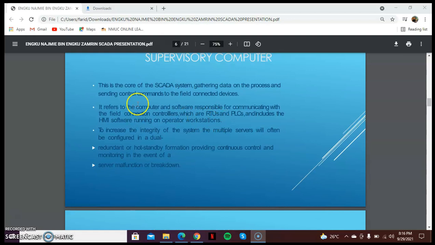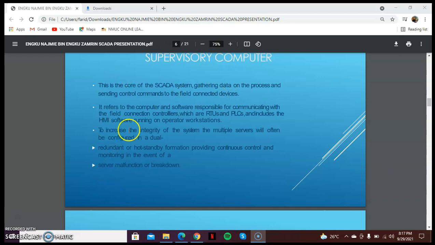Secondly, it refers to the computer and software responsible for communicating with the field connection controllers, which are RTUs and PLCs, and includes the HMI software running on the operator workstation.